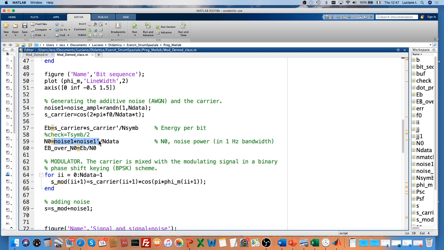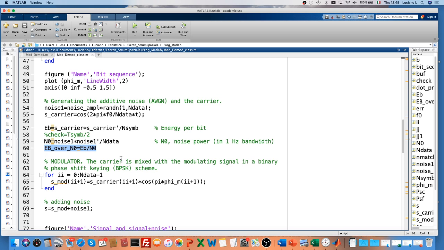And this is the scalar product of these two vectors. If I want n0, the variance of the noise, I have to divide by the number of data, n data. And I can compute here the fundamental quantity, which is Eb over n0. Okay? Eb over n0 is equal to energy per bit divided by n0.